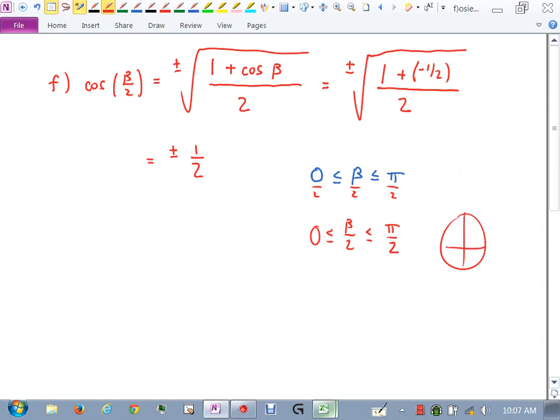So you are in which quadrant? We're in the first quadrant, right? What is cosine in the first quadrant? Positive. So it'll be the positive answer. Make sense?